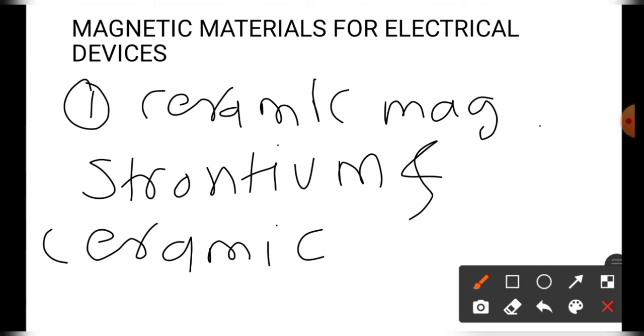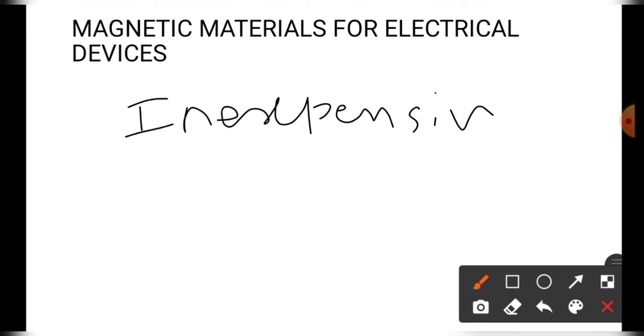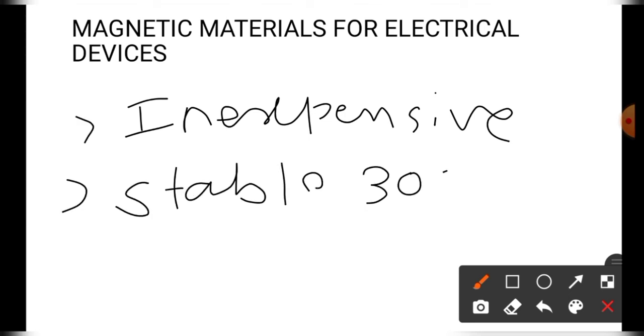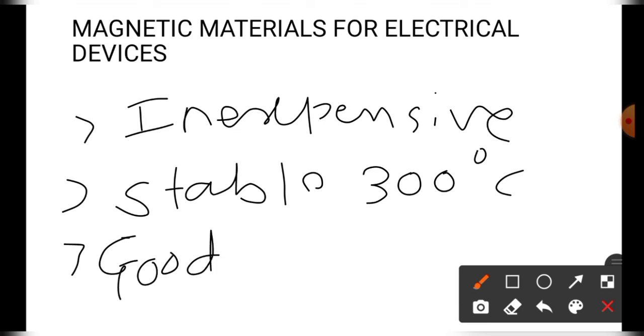It is very hard and brittle. Advantage of ceramic magnet is it is inexpensive. Second advantage is it is stable up to 300 degrees Celsius. And third advantage is it has good demagnetization resistance.